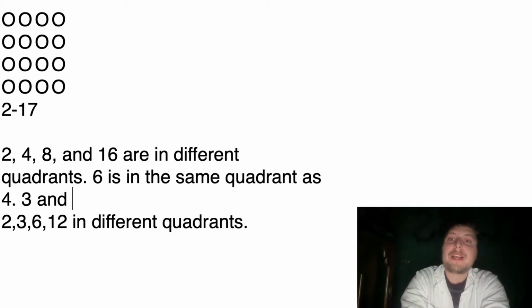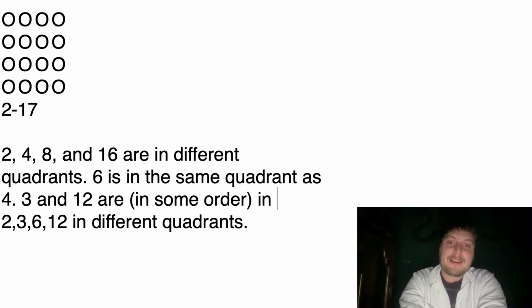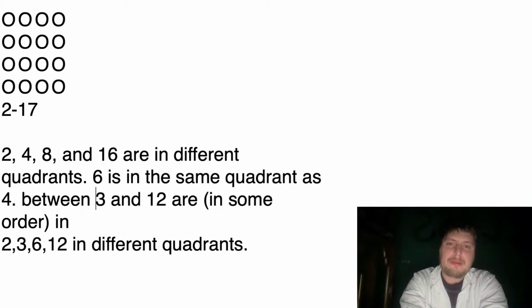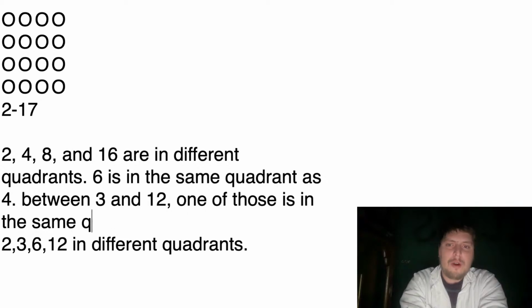And then we can note 3 and 12 are in some order, some order of 3 and 12. Okay, how can we phrase this? Between 3 and 12, one of those is in the same quadrant as 8.